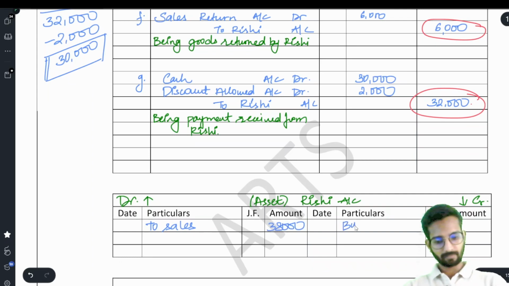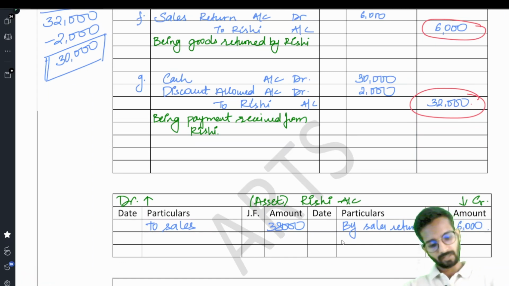Then sales return by sales return 6,000, and then we have given him a discount.